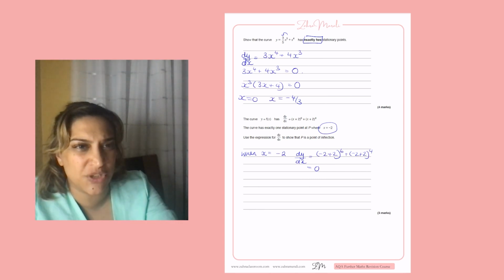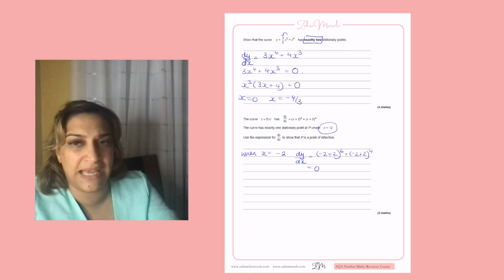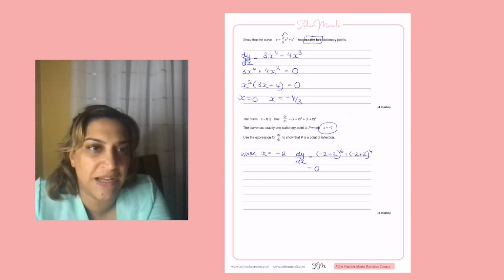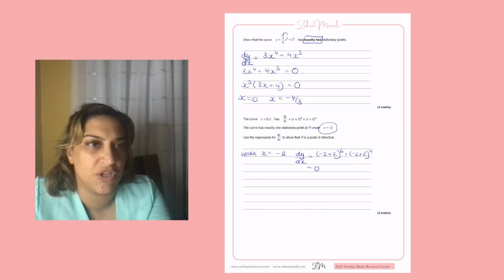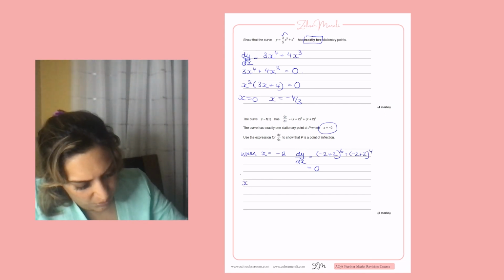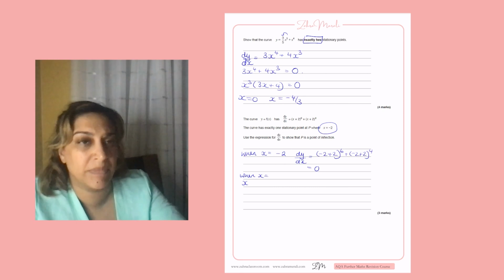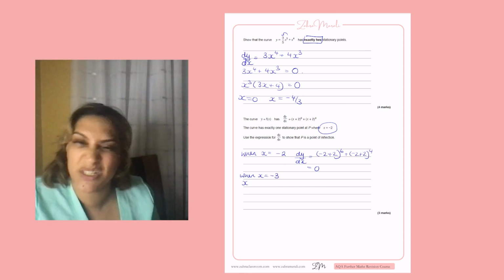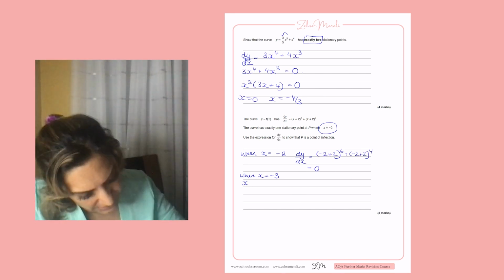Now what we want to do is take a point either side of it. Because it's a point of inflection, we should find the sign stays exactly the same. Let's say when x = -3, so it's smaller than -2.